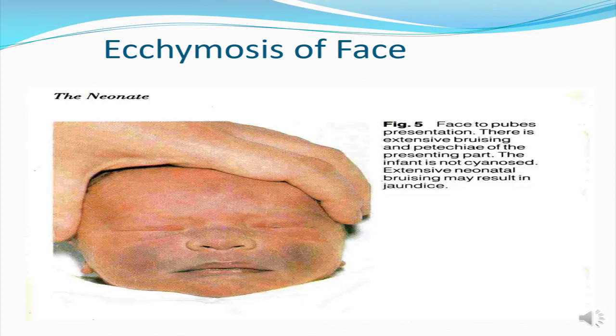Ecchymosis of the face, when there is face presentation with, for example, PV examination, they will cause bruising on the face and bluish discoloration, which might be misdiagnosed as cyanosis.